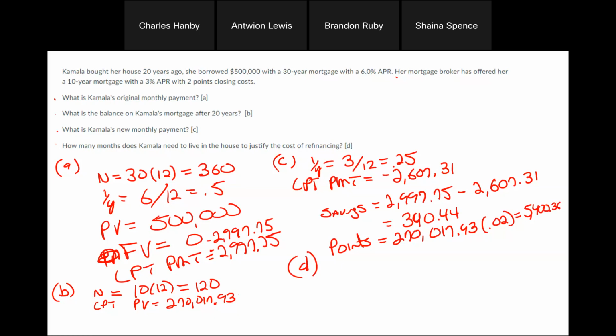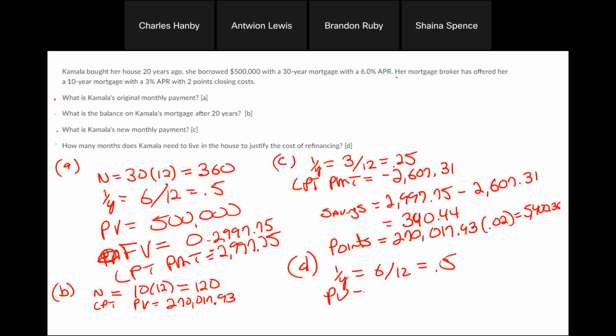So now, part D, we're going to plug that into our calculator and solve for n. That's going to tell us how many months she needs to live in the house to recoup the $5,400. I use the original rate. So IY is 6% annually, so monthly that's 0.5.